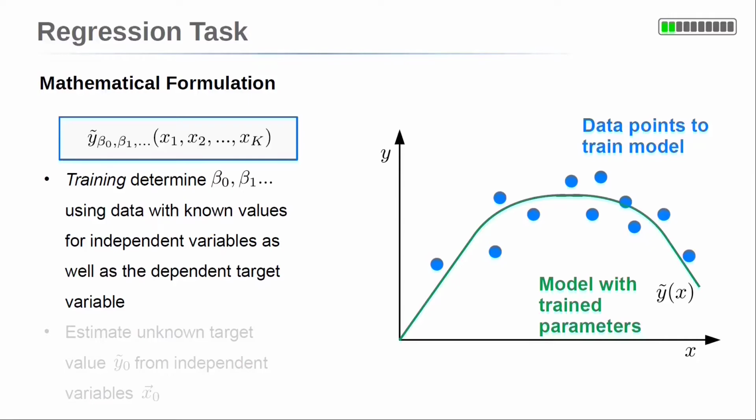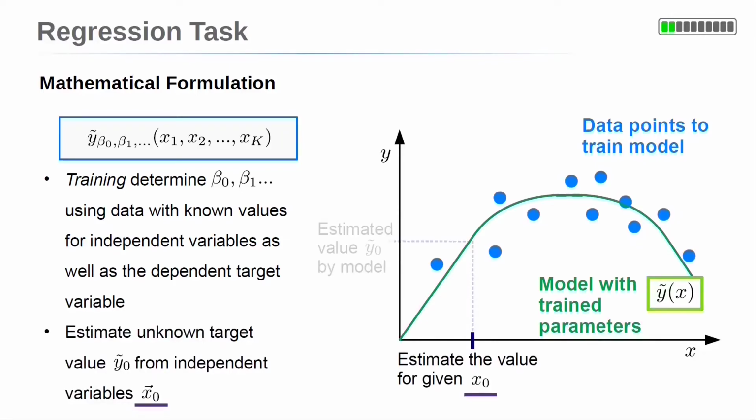Note that, especially for the trained model, we will omit the subscripted beta parameters to shorten the notation. The trained model y tilde can then be used for given values of x0 of the independent variables to estimate the target value, which gives y tilde 0. So this point is on the model's curve shown on the right side.